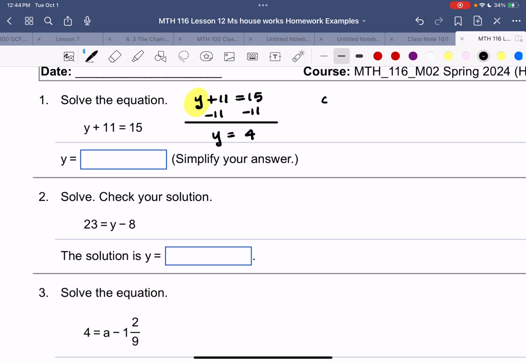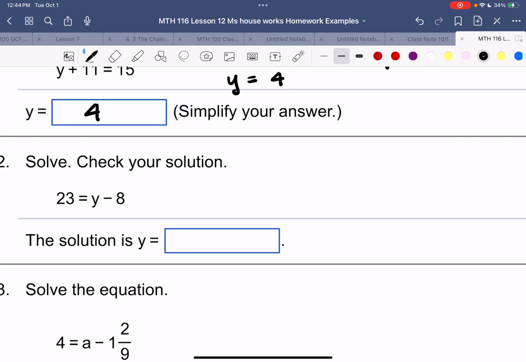And of course, you can check that by putting the 4 in for the y. 4 plus 11 is 15. And you know, occasionally you'll be able to do these in your head. But even with the easy ones, you need to follow the process so that when they become more complicated, you know a good process. Okay?